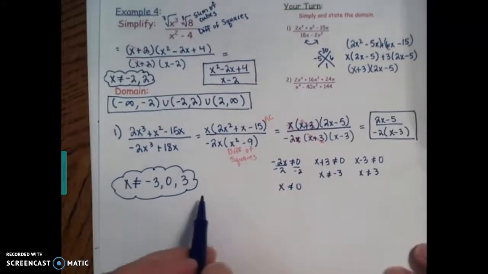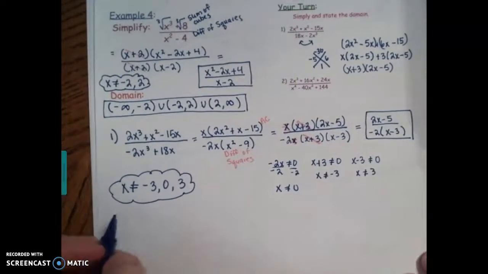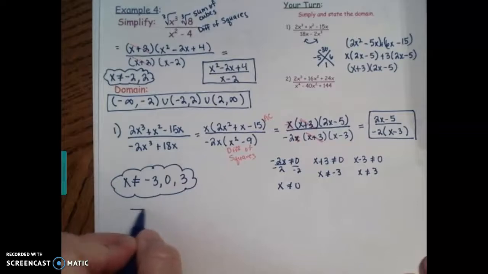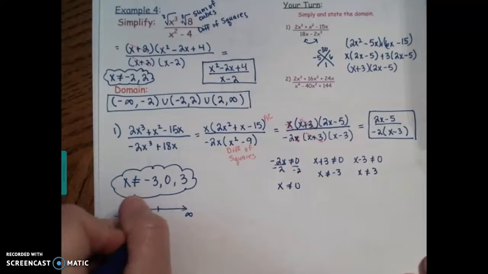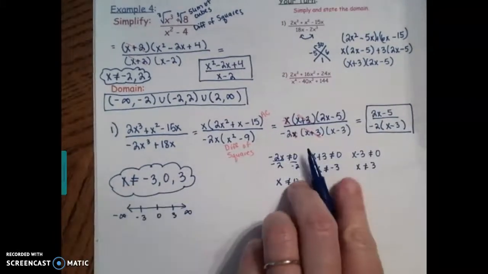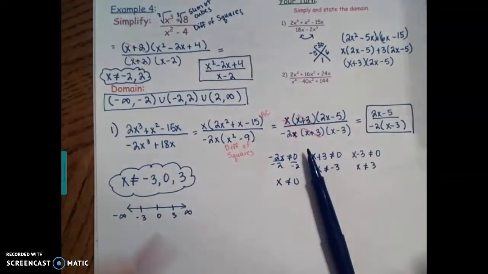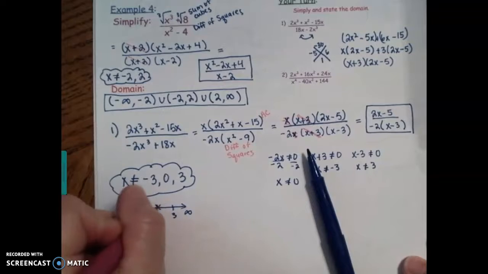So now let's think about writing that domain. I'm going to do a number line again just to help you think through this. So negative infinity to positive infinity, negative 3, 0, and 3. So again, we can't use either of these numbers.